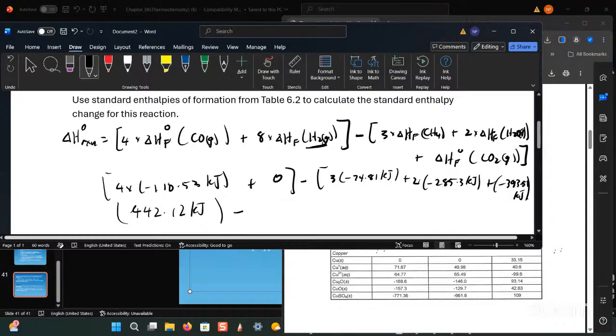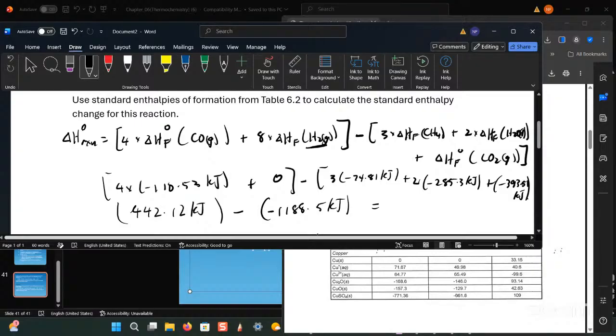According to my calculation, this part works out to minus 1118.5 kilojoules, rounded to 1 decimal place.